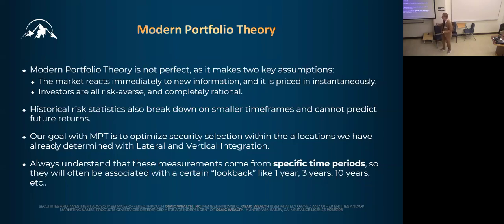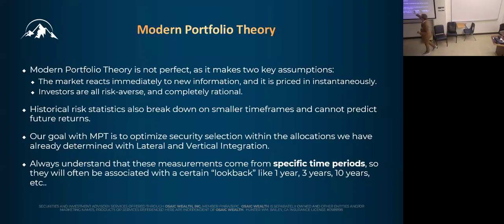As you start moving to lower volume stocks that aren't traded as much, I think there's a chance that not everything is priced in instantaneously. But if we use that as our assumption, it helps us participate in a way where we try not to do too much market timing, which is really hard.